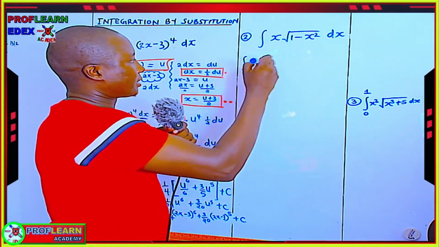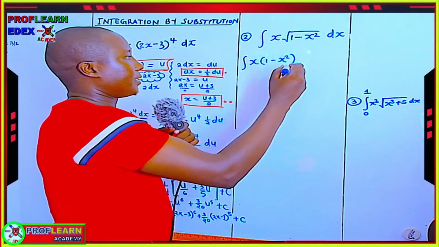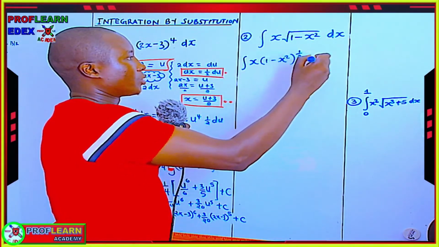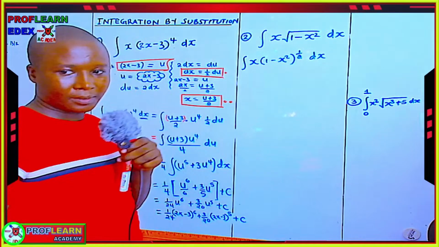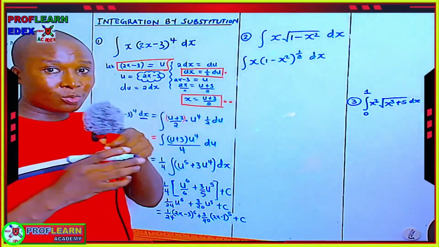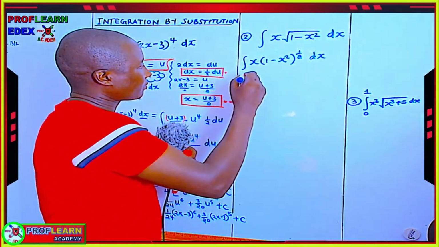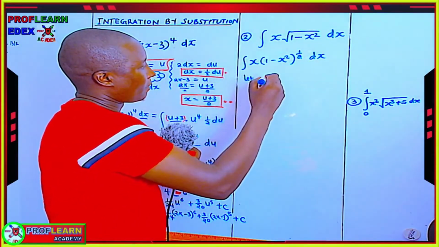So which will mean that our final answer will be minus 1 over 3, because this and this will cancel out, u to the 3 over 2, then plus c. The final answer is in terms of u, but we know u was 1 minus x squared, so we can replace it here, and that will be minus 1 over 3 into bracket 1 minus x squared raised to power 3 over 2 plus c.